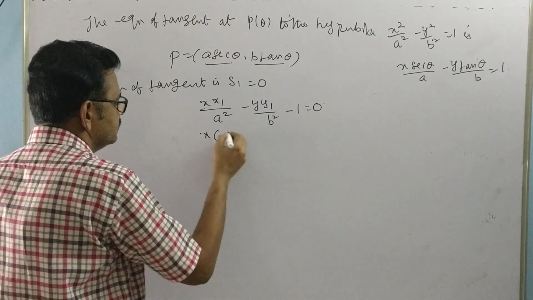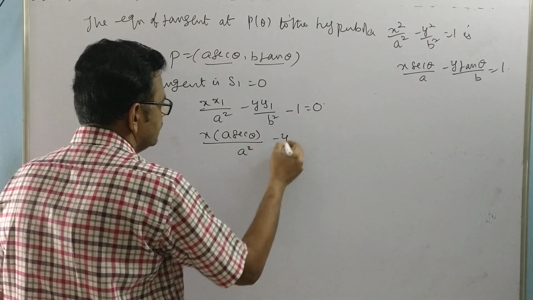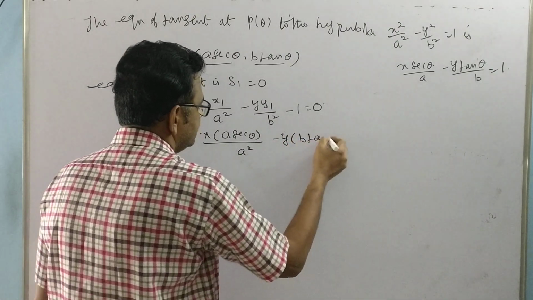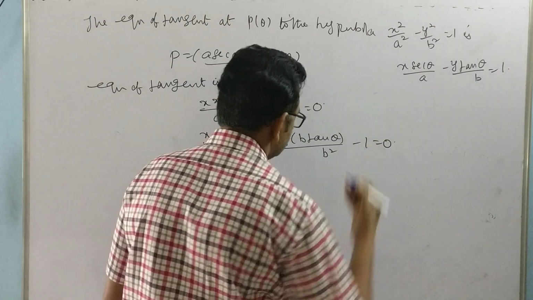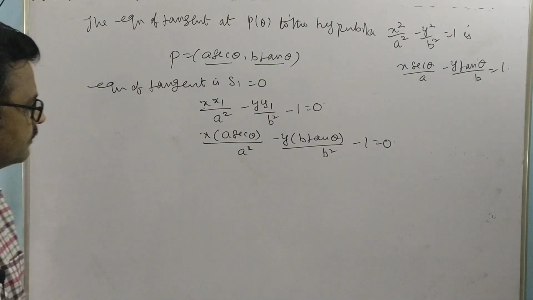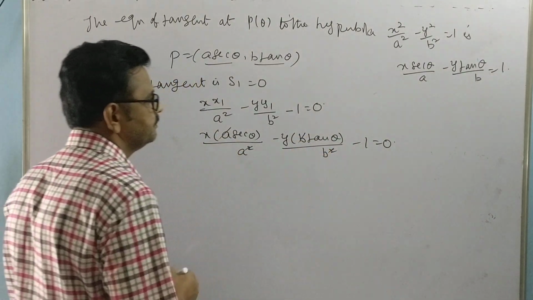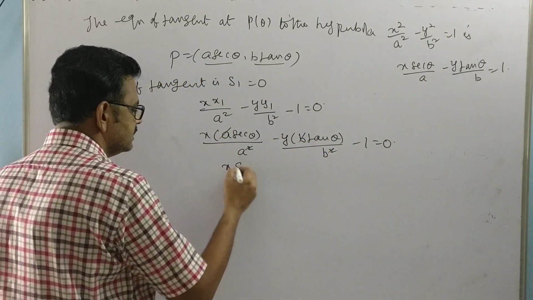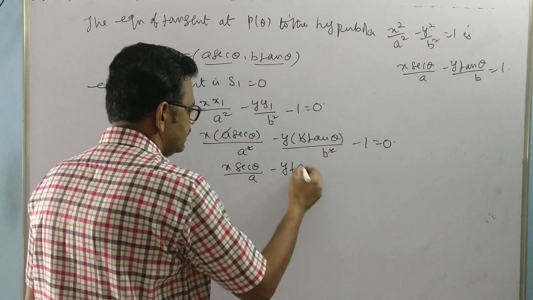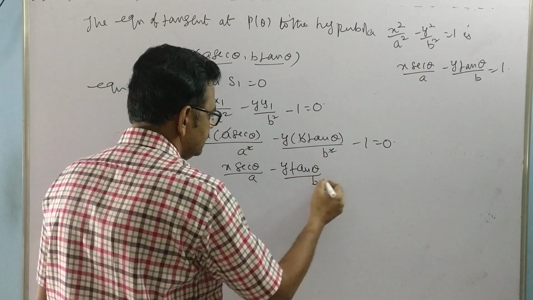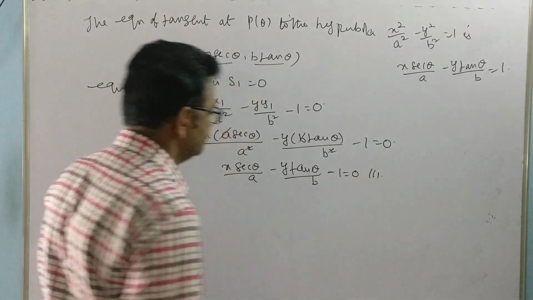So x into a secant theta by a square, y into b tan theta by b square minus 1 equal to 0. So a cancels, b gets cancelled. So this is x secant theta by a minus y tan theta by b equal to 1. So this is the equation of tangent.